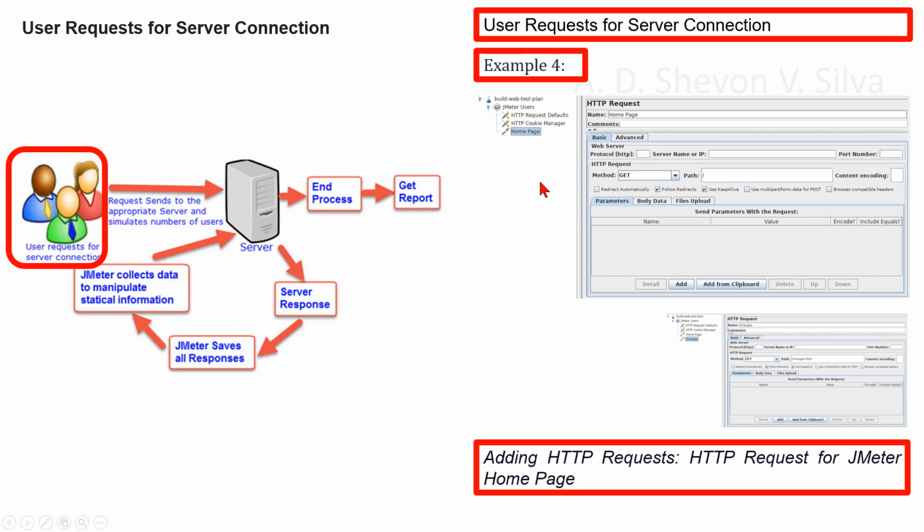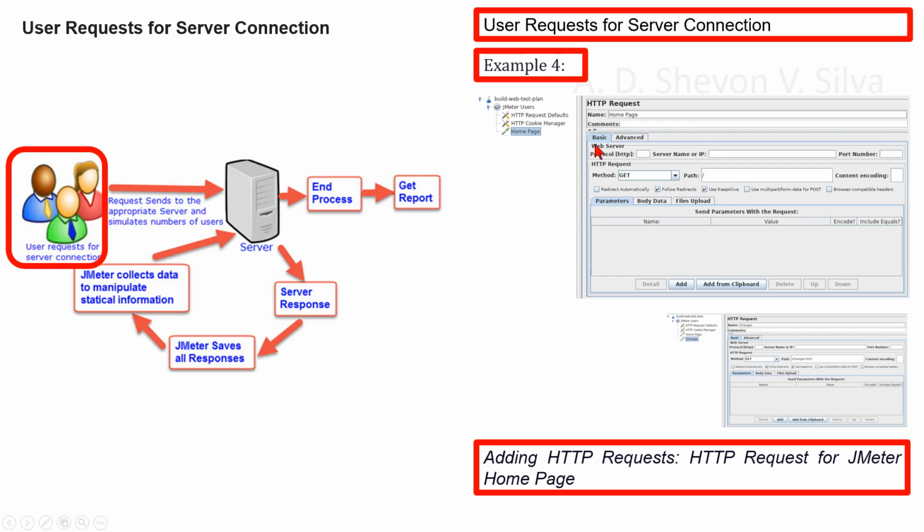Start by adding the first HTTP request to the JMeter users element. Add, then sampler, then HTTP request. Then select the HTTP request element in the tree and edit the following properties.